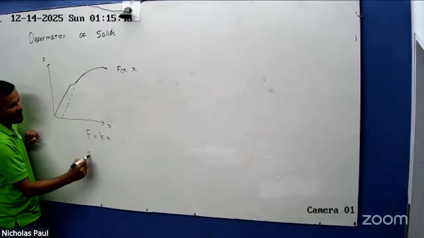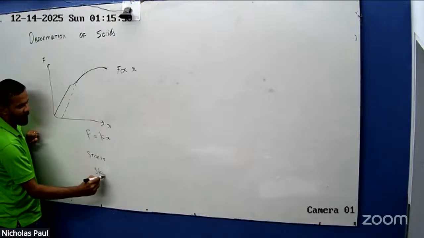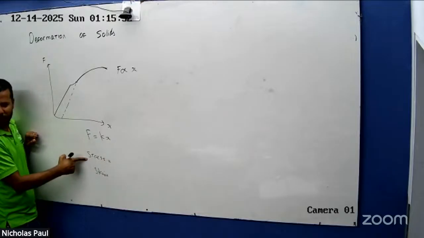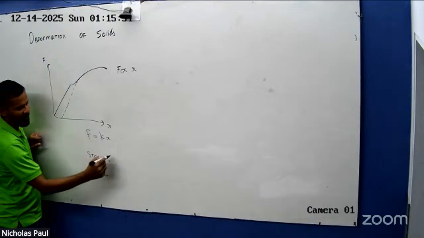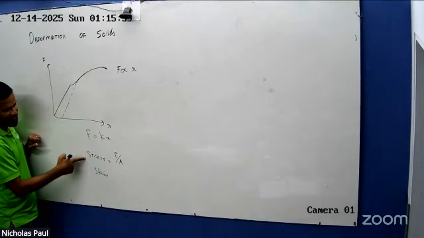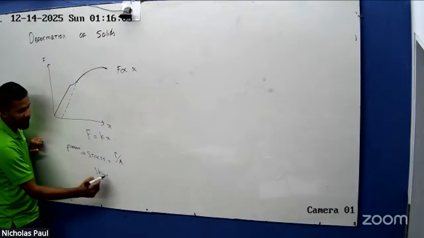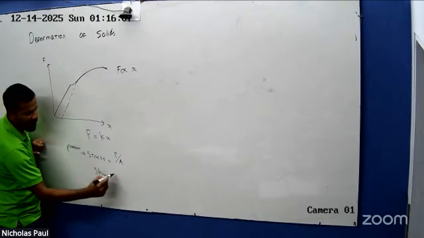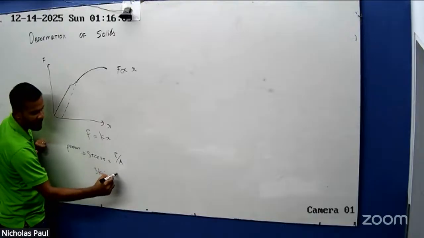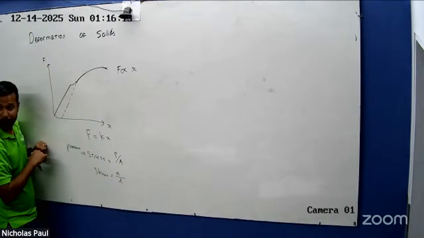Today we're gonna take a look at something called stress and strain. Stress is whenever you have force acting per unit area. So stress is technically what? Pressure. Very good. And strain is a ratio of how much extension you have to the original length.